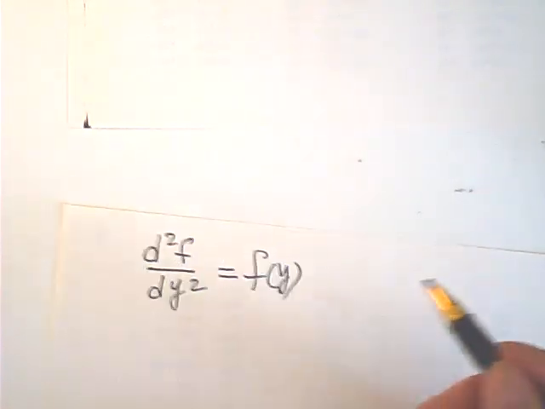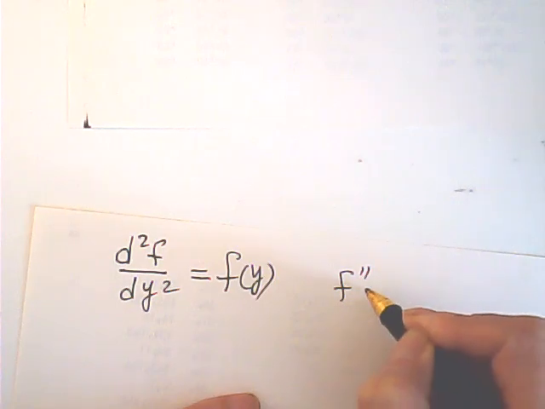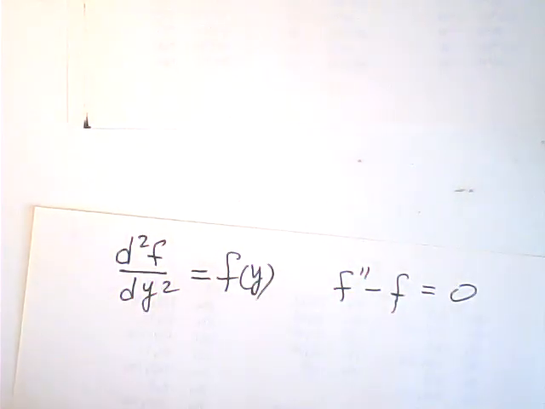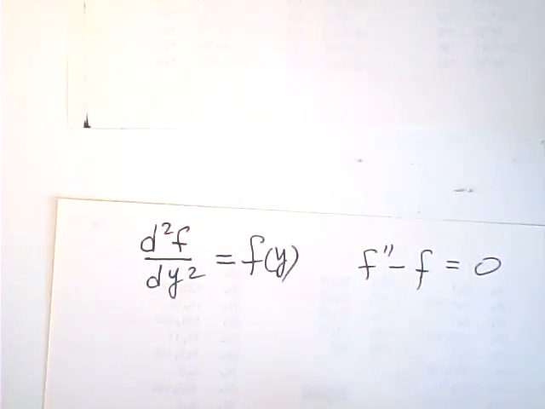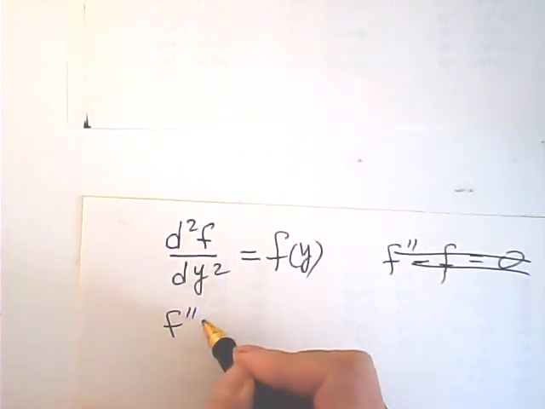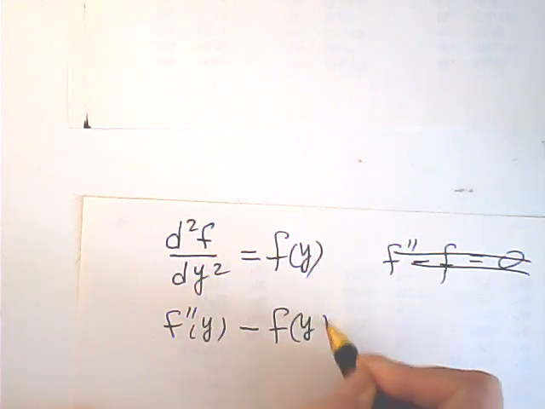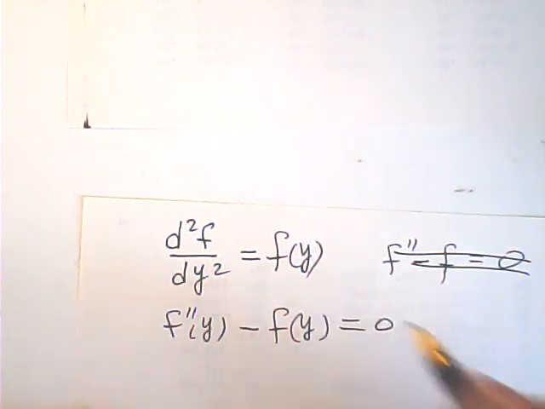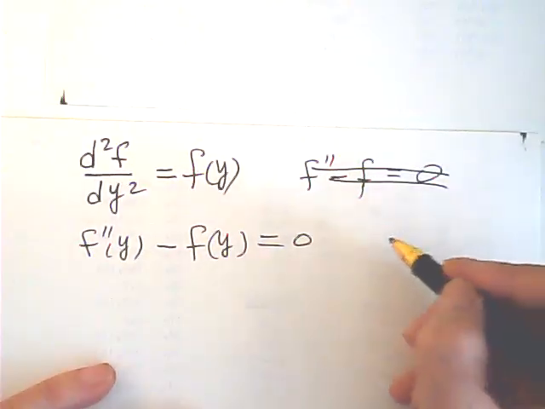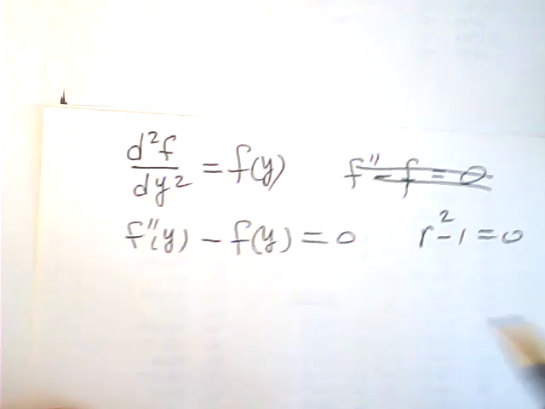Now, if you learn differential equations, that means f double prime minus f of y is equal to 0. Let me write this way: the second derivative with respect to y minus f of y is equal to 0. Then the characteristic equation is r squared minus 1 equal to 0, right?